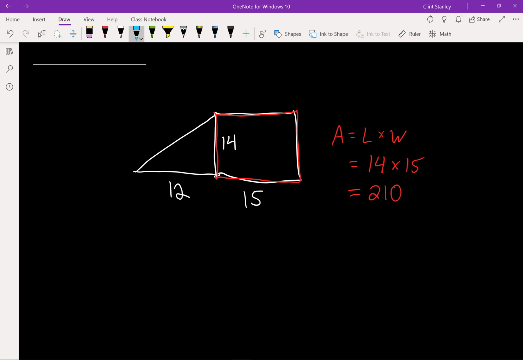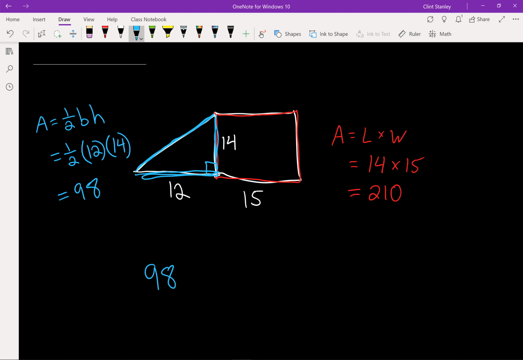And then we've got, this is a right angle, I didn't draw that in, but then we've got this triangle over here. We can find the area of this triangle. For the area of a triangle, it's 1/2 times the base times the height. So we've got 1/2 times the base, which is 12, times the height, which is 14. On that one, I'm getting 98.